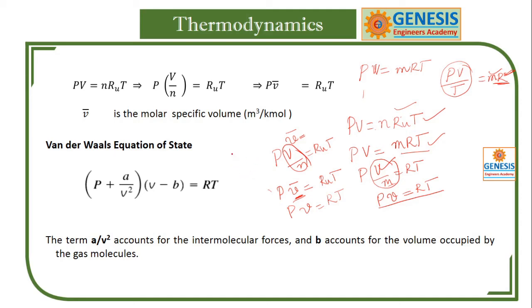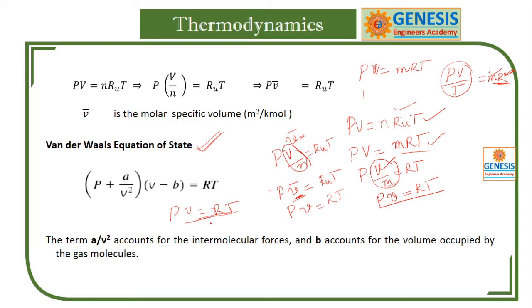Next one is called the Van der Waals equation of state. This is a very potential equation which may appear in most of the examinations. So generally we have this equation, where I am using only PV is equal to RT. In this, a by v square accounts for intermolecular forces, meaning we avoided this while deriving the ideal equation.